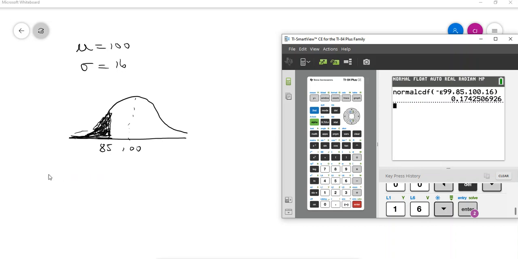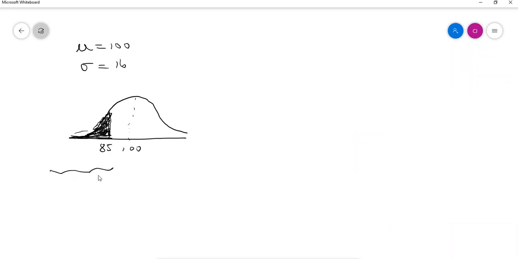So 0.174, and this goes out. This is where the negative E99 is. So how much area is there from negative E99 to 85? Well, about 17 and a half.